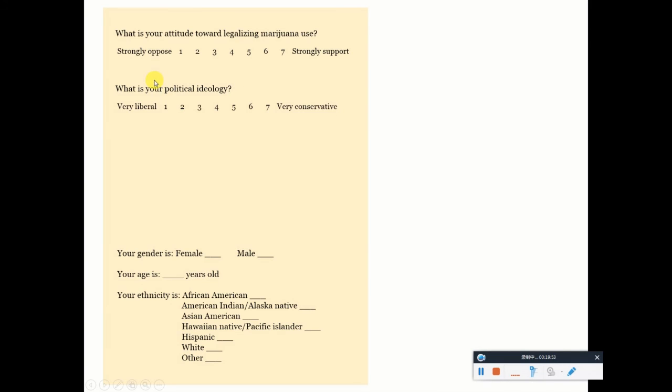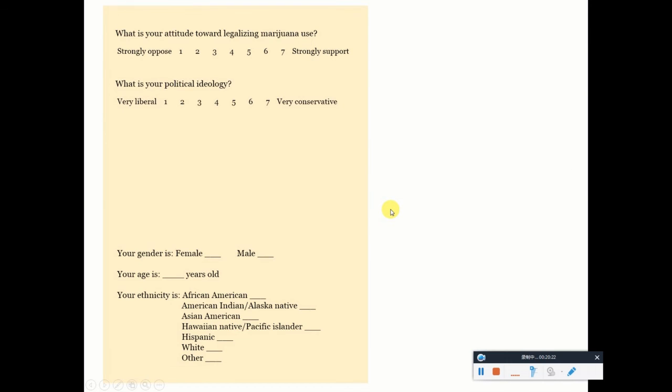So the best way to know about people's ideology is to simply ask them: circle the number that represents your ideology here. Okay, so now we can start to use variables other than demographic variables as predictors. We can use this as a predictor variable to predict people's views on legalizing marijuana use.